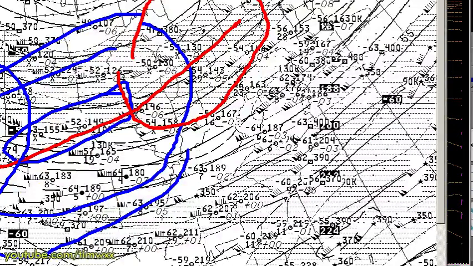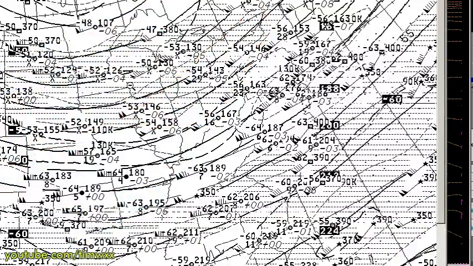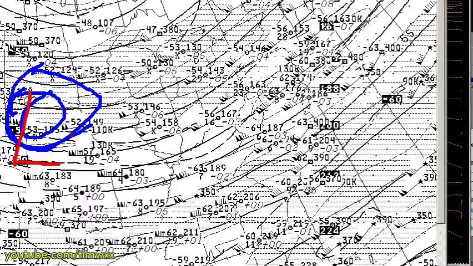So the backside does tend to be associated with frontolysis as high pressure moves in, and we are looking for frontogenesis along the exit, because basically the jet streak itself represents where the strongest baroclinicity is. Your low pressure area at the surface is going to be right there, so you're going to be tightening up the gradients out ahead of it as that low pressure moves towards that area.